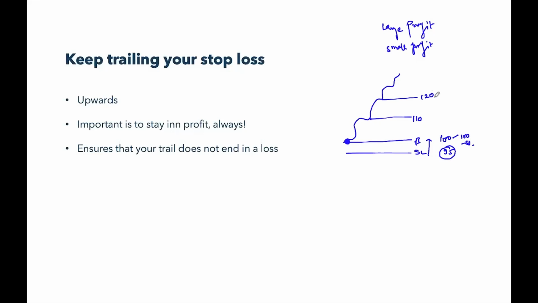You moved your stop loss to 110 from 100 now. So at least you'll take home these 10 rupees per stock. So we're okay with small profit. Let's say this move did not happen and we ended at 95 rupees. So we are okay with small loss as well.